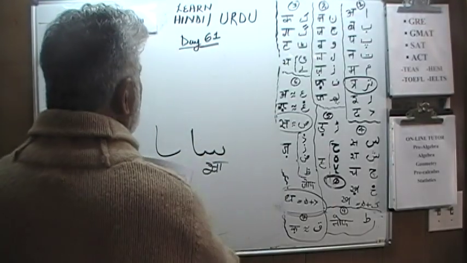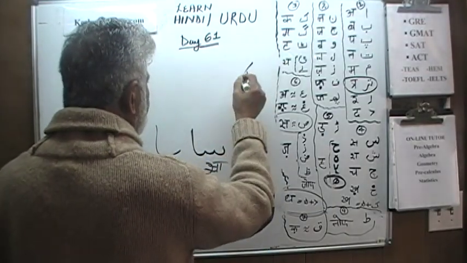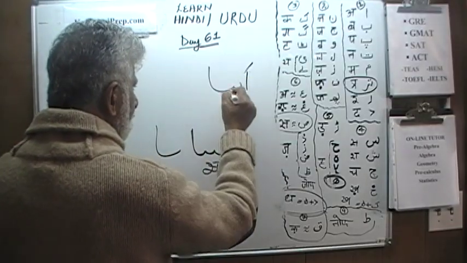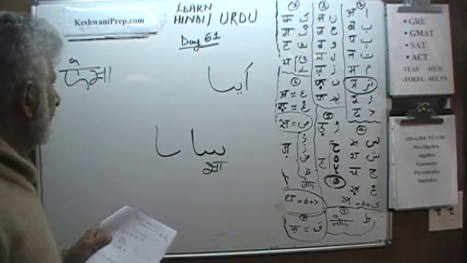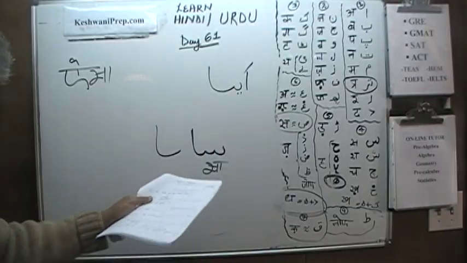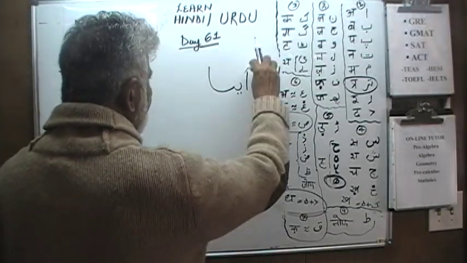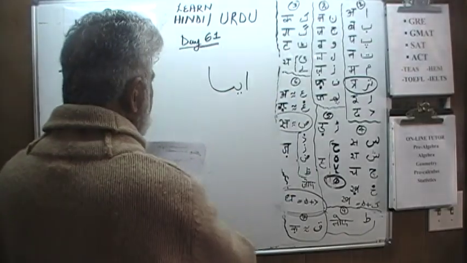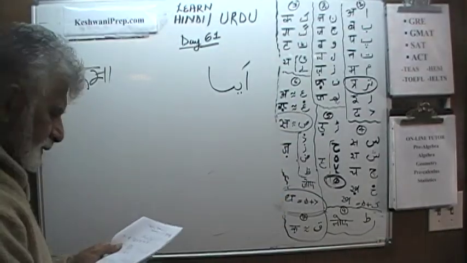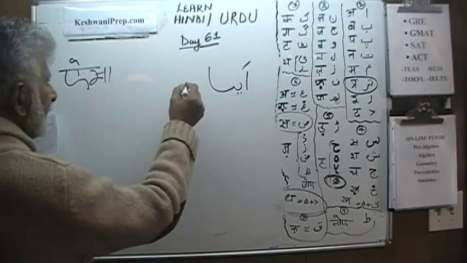So let's start again. Alif with zabar, and then a ya and a long loop. Esa, that says Esa, same as this one. And they don't join, it says on the top, it doesn't join.